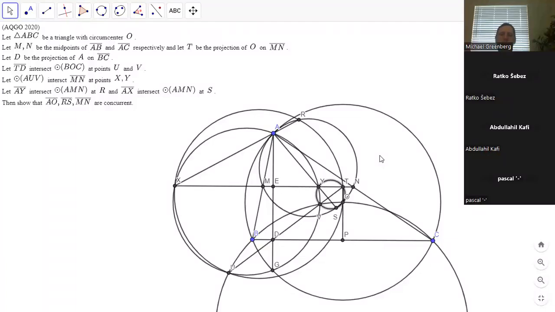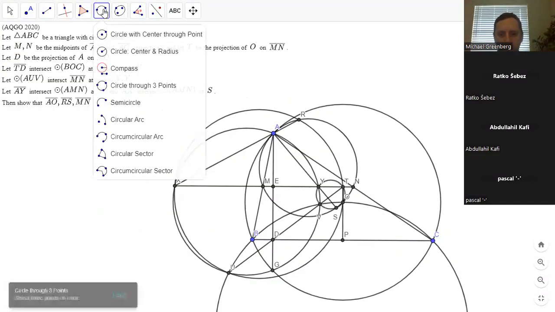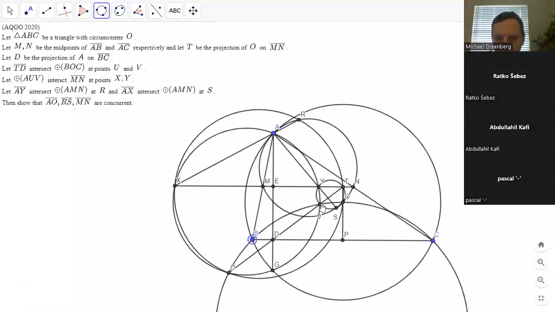So can we show YVO is 90? So YVO is 360 minus BVO minus BVY. And for BVY, let me calculate that somehow.